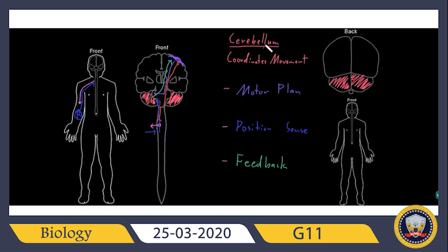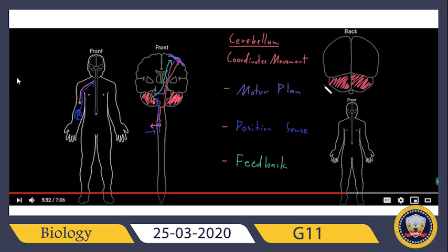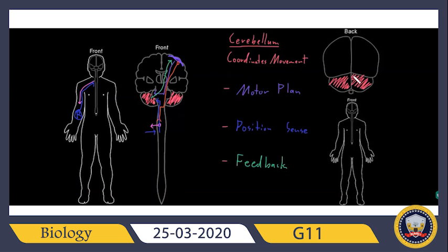Without getting too deep into the anatomy of the cerebellum, one little detail about the way the cerebellum is set up is that the middle part of the cerebellum, toward the midline, tends to mostly coordinate movements involving the middle of the body, and in particular walking.